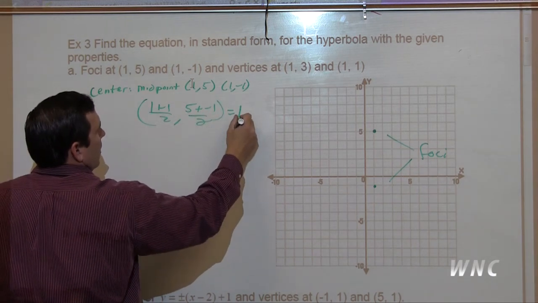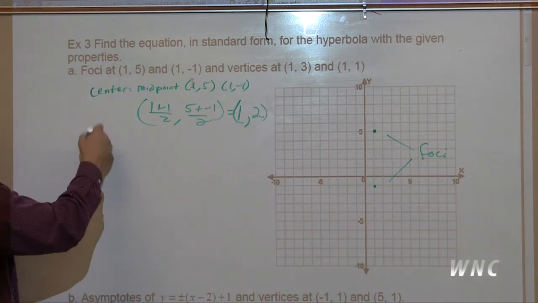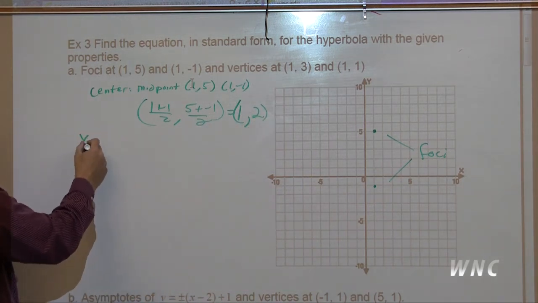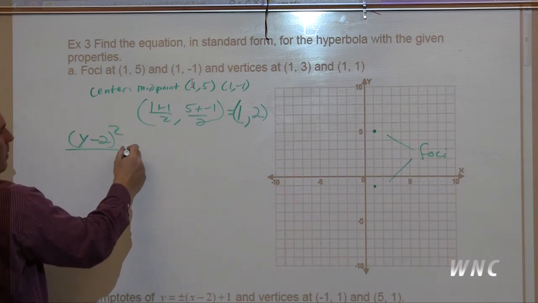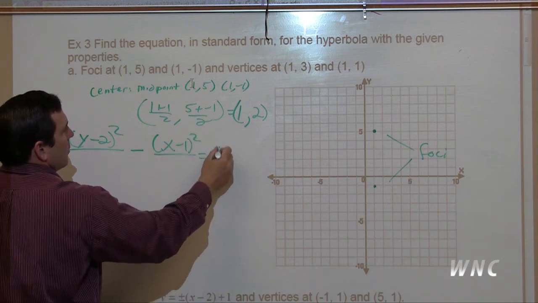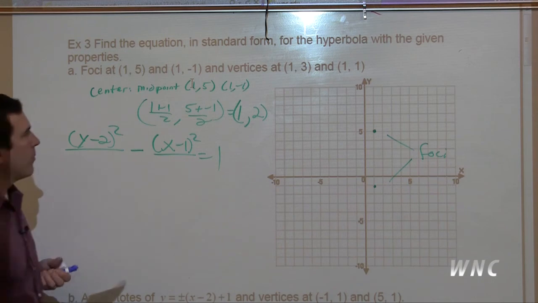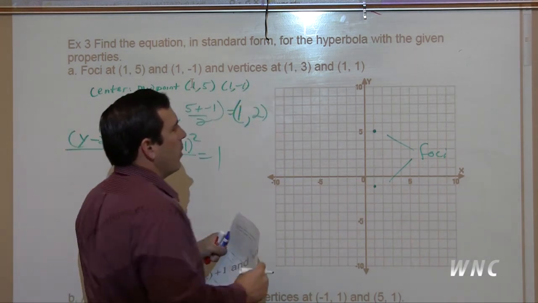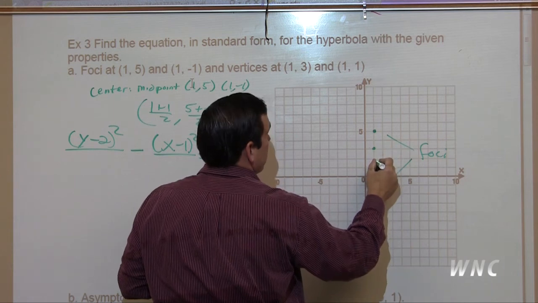That's going to be 1, comma 2. And it opens vertically, so we're looking at (y minus 2) squared over something minus (x minus 1) squared over something equals 1. We need these somethings. And we're also told the vertices are at 1, 3 and 1, 1.